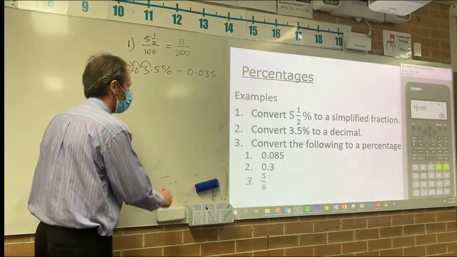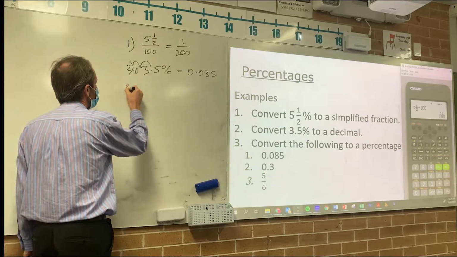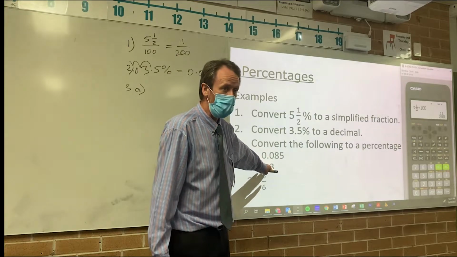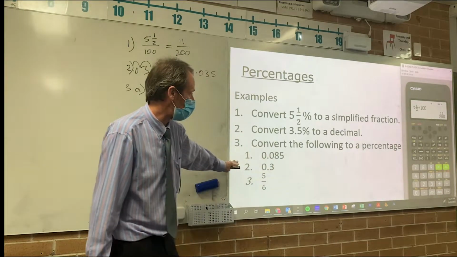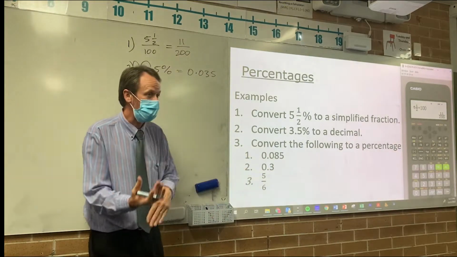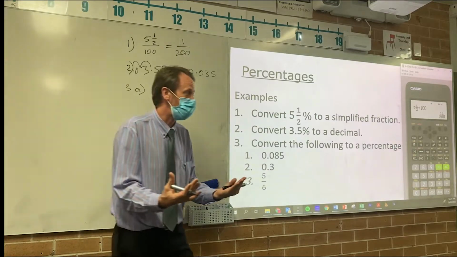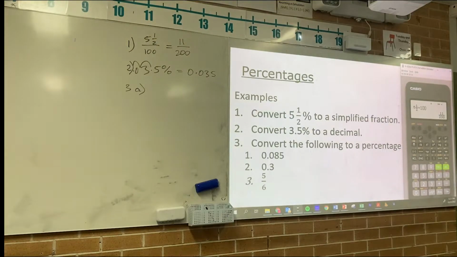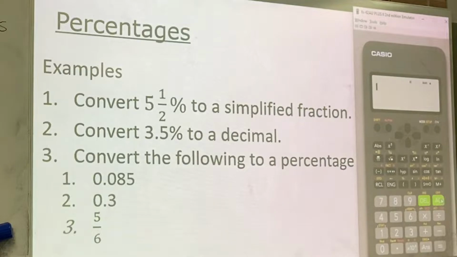Question 3. Convert the following to a percentage. 0.085. Now to convert to a percentage, I multiply by 100%. Let's do it on the calculator so you can see it. So here's my calculator. I clear what's on the screen.